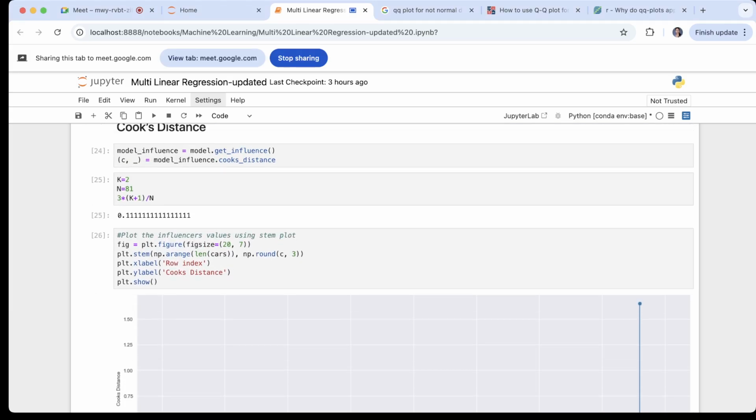So this is the Cook's distance threshold that we found, 3 into (k plus 1) divided by n. Our parameters are 2. There are 81 rows. So k is 2 and n is 81, so the threshold came out to be 0.111.